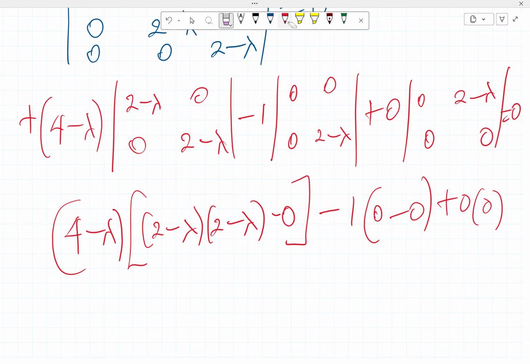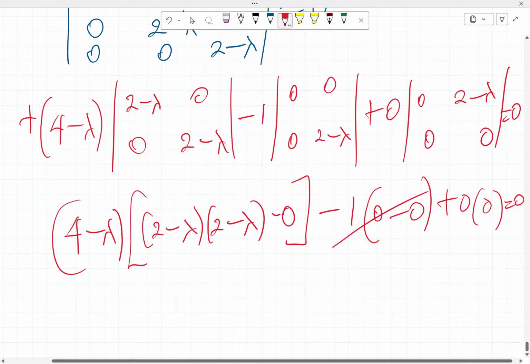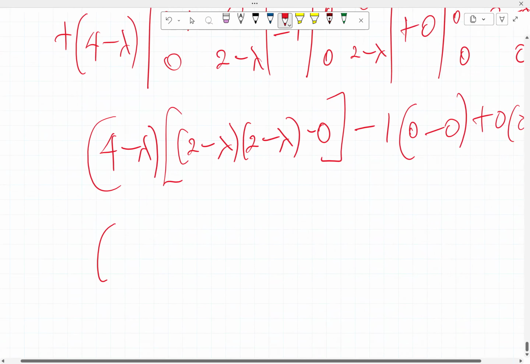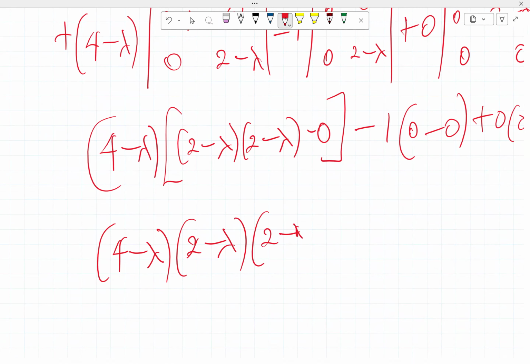So all of these are gone. We have 4 minus lambda into 2 minus lambda into 2 minus lambda, because this is 0 also. Then everything else is just 0.